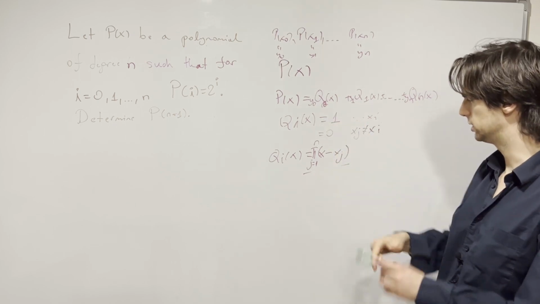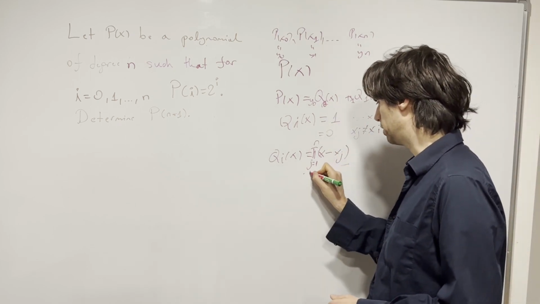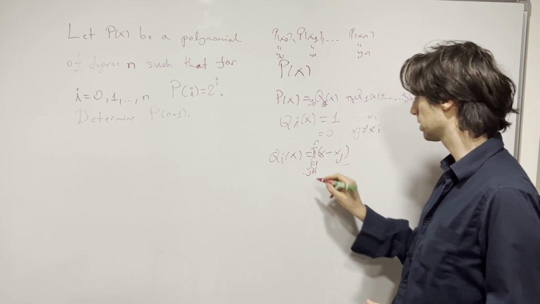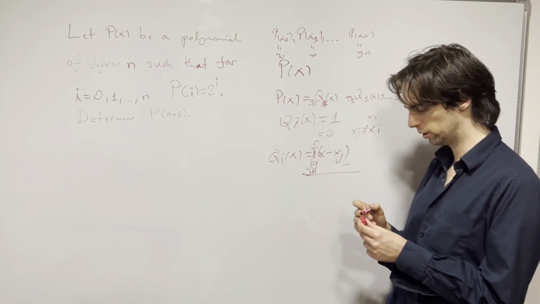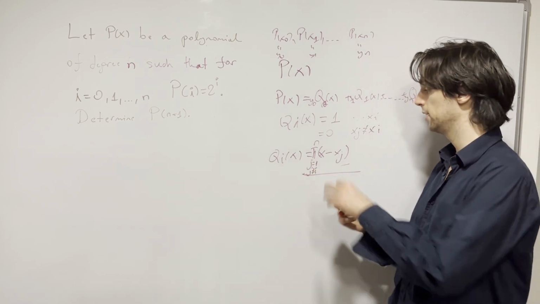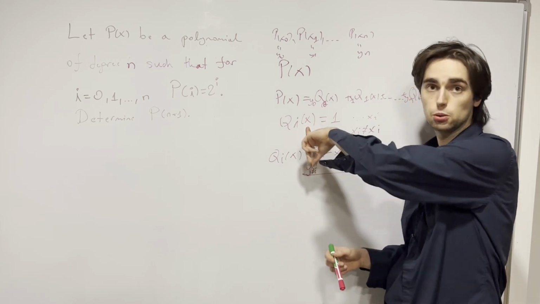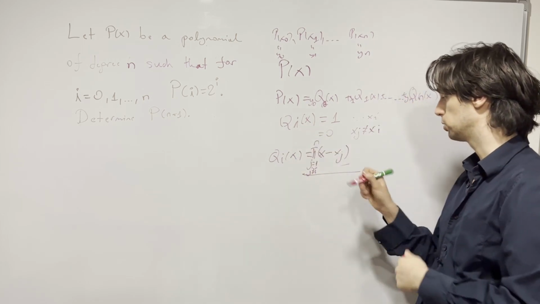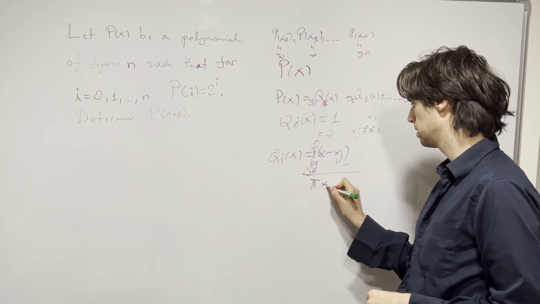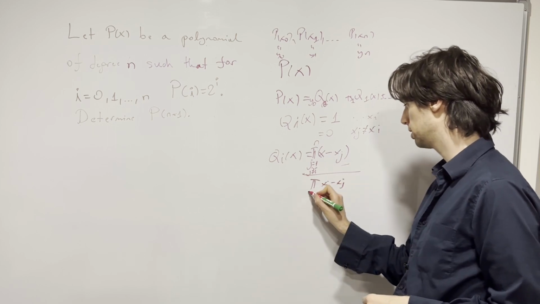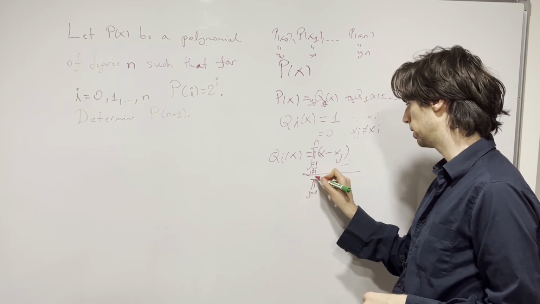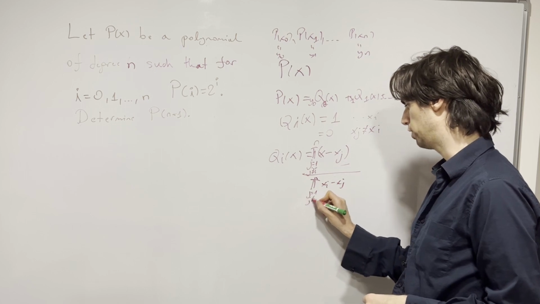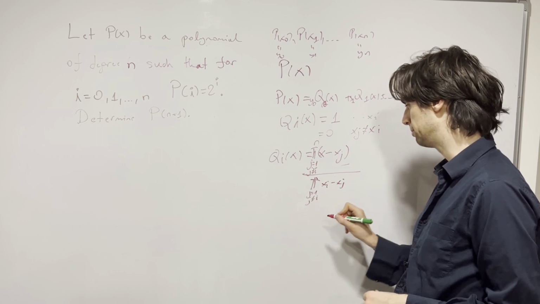So actually to write this down more neatly, for j equal to 1 and j not equal to i. And then all of this is going to have to go over the value once I put in x equals xi, which is going to be the product of xi minus xj, for again, j equal 1 through n, and j isn't equal to i.